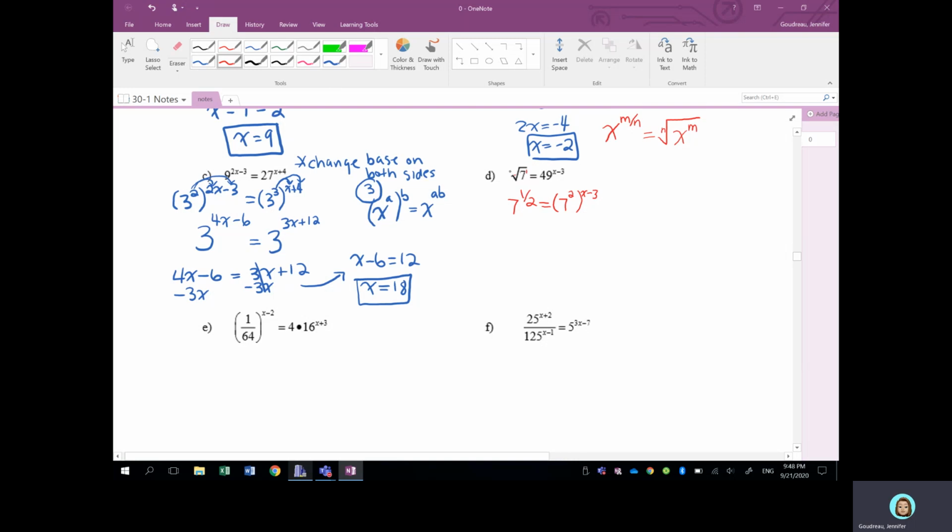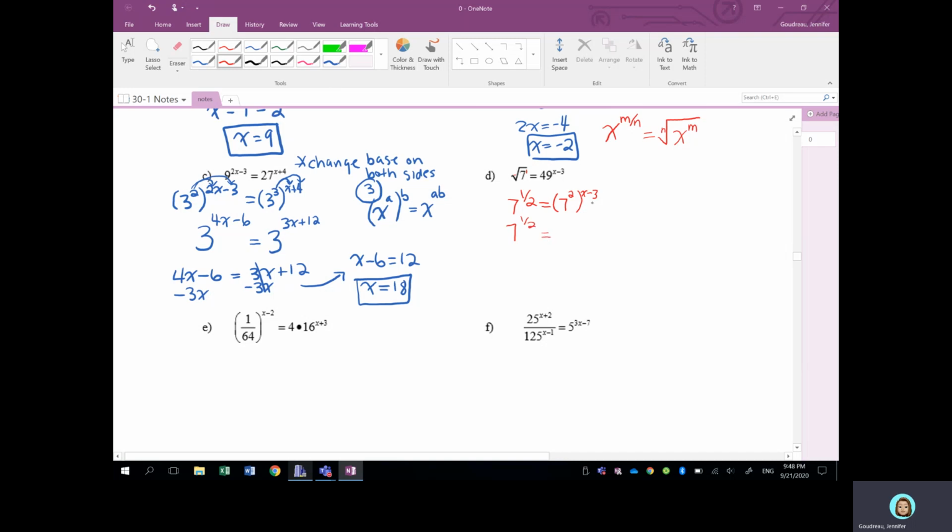So take that left-hand side, recognize that a radical can be written as a fraction exponent. In this case, that fraction is 1/2. Right-hand side, recognize that 49 can be written as a base of 7, and now both sides are in the same base. Let's simplify a little bit. The left-hand side can't really be simplified at all. I'm just going to leave it as 7 to the power of 1/2.